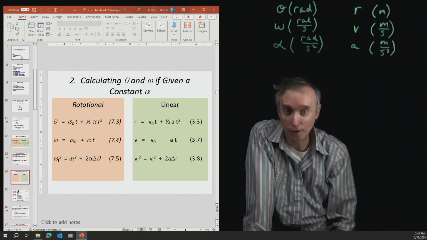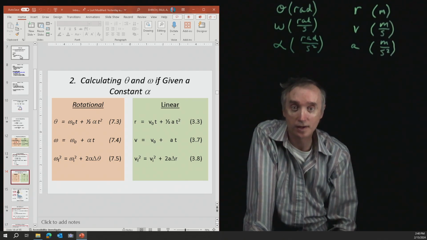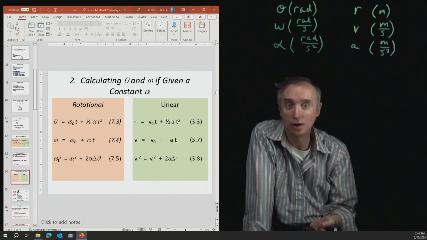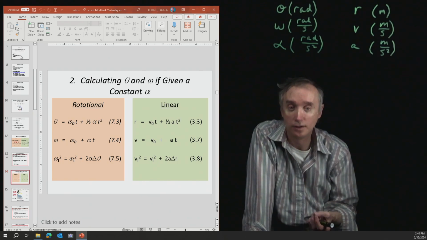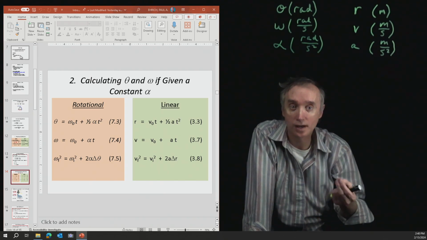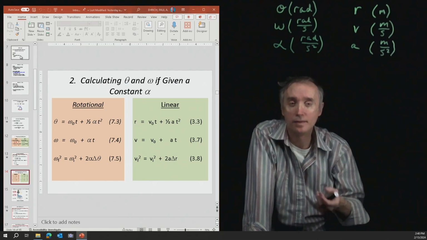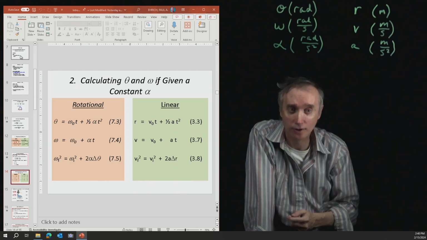Then the second equation is going to be the linear version of the how fast equation. And it says that how fast you're going is going to be equal to how fast were you originally going plus your acceleration times time. And then we said that there was a third equation, which I said don't worry about, okay?